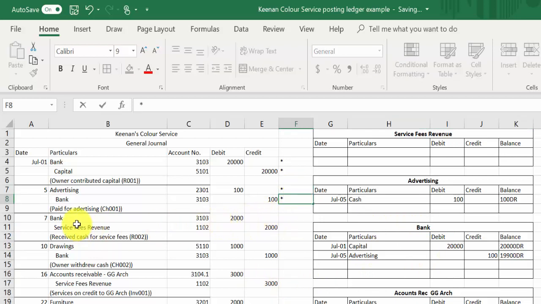In this case, on the 7th, I received some service fee revenue. I'm always going to deal with the debits first. So on the 7th, you'll see here that we received some money for $2,000, and that's for service fees. If I add that to my bank account, I get this. So I've still got a fair bit of money in my bank.